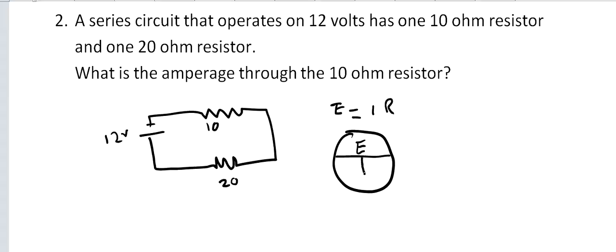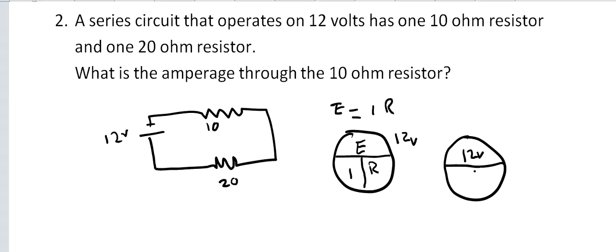E equals I times R. And we plug in the variables that we have. We have a 12 volt source, and our total resistance is 30 ohms.